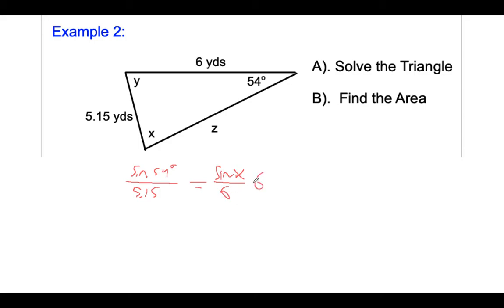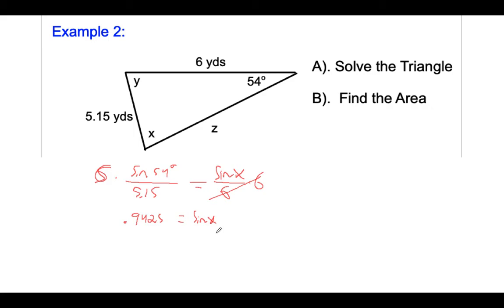So it's times by 6, times by 6. And then this is just numbers, so let's type that in. So you get 6 times sine of 54 divided by 5.15, and that's about 0.9425. Okay, we'll say that. And that equals sine of x.